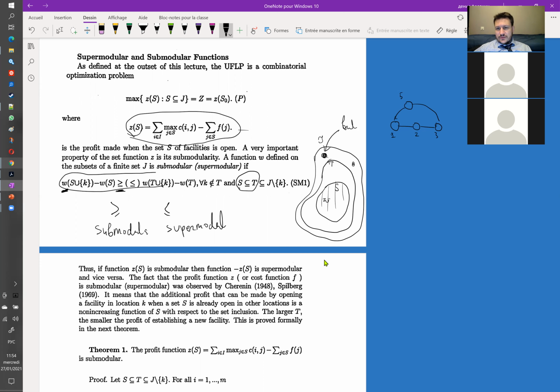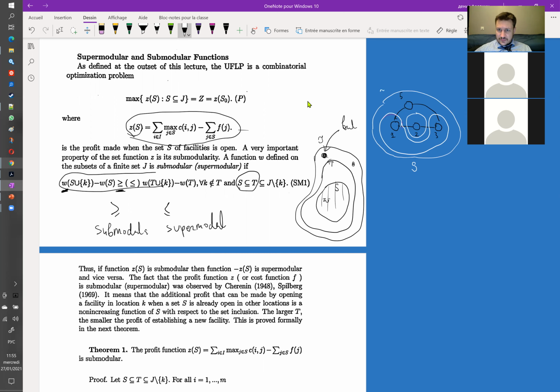And we can imagine that this one is S, and G and G, and so K. This one without 2.